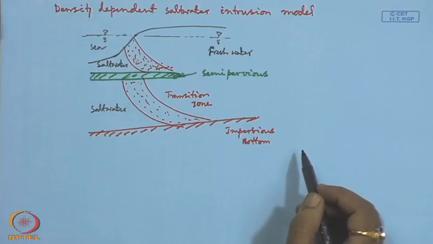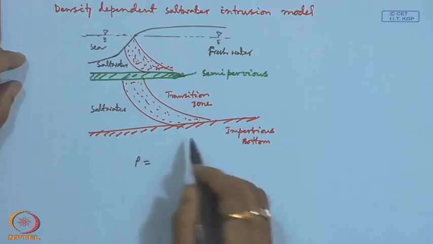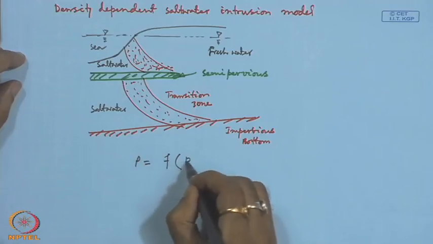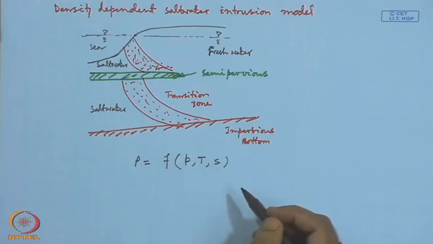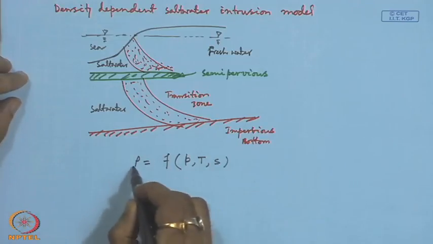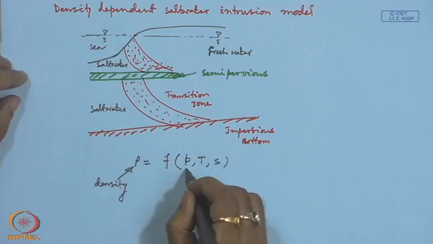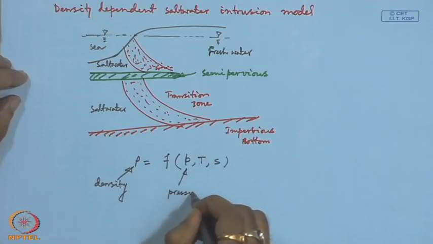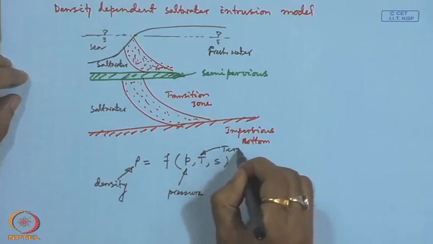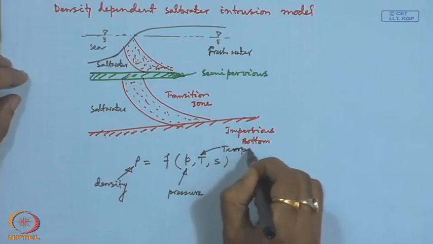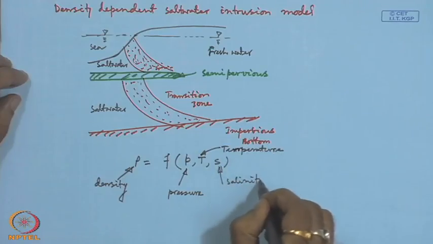So, in this case, this density is considered to be a function of pressure, temperature and salinity.